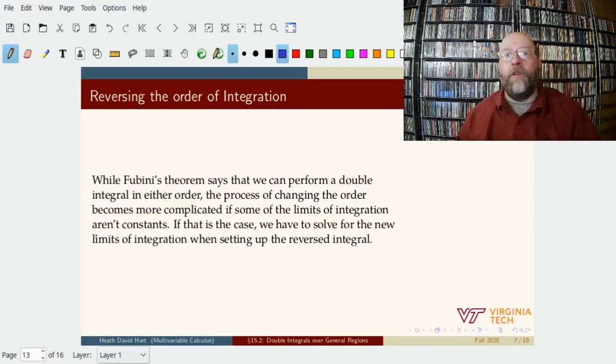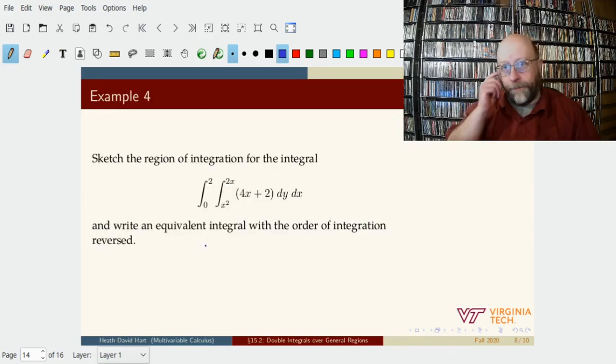But if the boundaries are not constants, we're still allowed to reverse the order of integration, but we have to set up the new integral to reflect the correct geometry. So we have to now solve for the new limits of integration. We can't just switch the order.